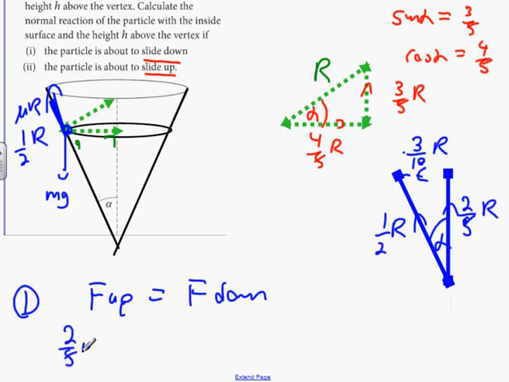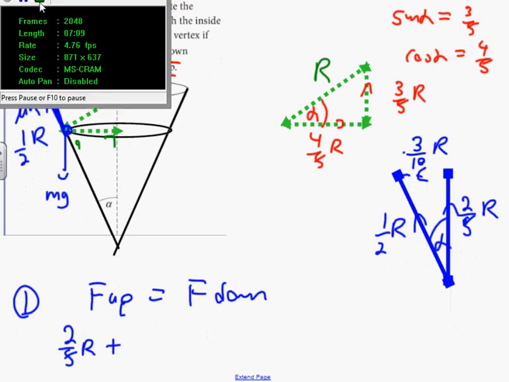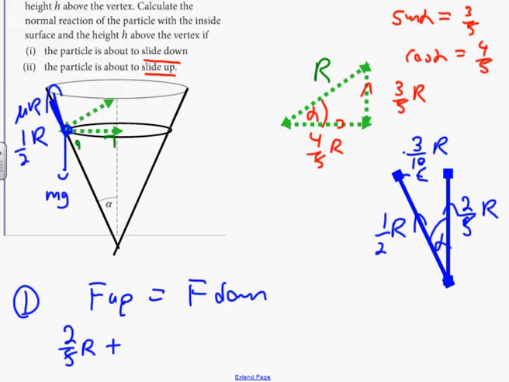Okay, so what's going up, guys? 2/5 R. Anything else? What about the green triangle? 3/5 R going up that way as well. And then forces down? Mg going down. So R equals mg. First equation there.